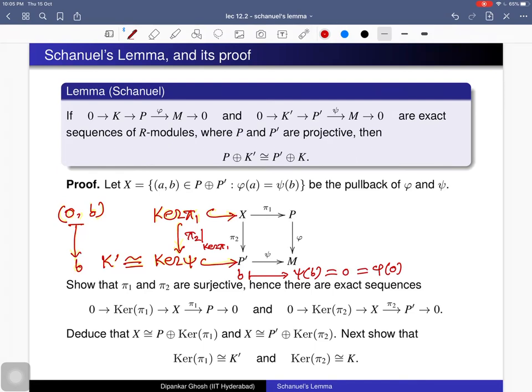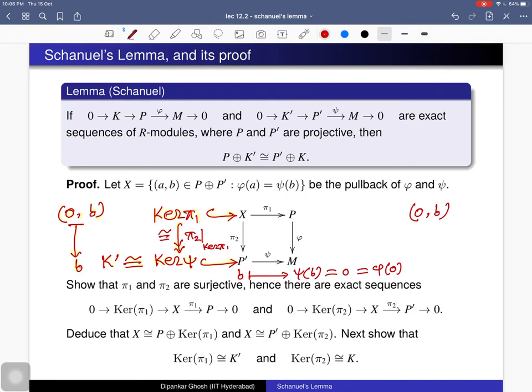So, therefore, we can just consider this element 0 comma b, since phi of 0 is the same as psi of b. So, this 0 comma b is an element of X. So, for each element b in kernel of psi we are getting a pre-image here in X. So, therefore, this map is also surjective. So, it is injective and surjective.